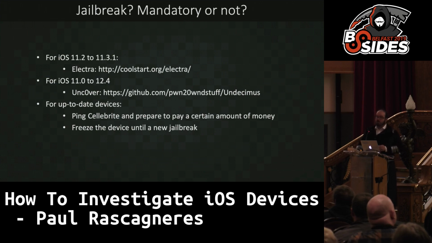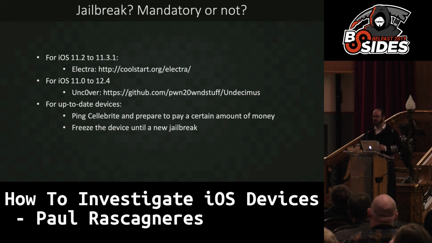So for an up-to-date device, you only have two solutions. The first one is to ping Cellebrite and be prepared to pay a lot of money. And the second solution, the more realistic one if you don't have a lot of money, is to freeze the phone, to stop the phone, and put a fake profile.